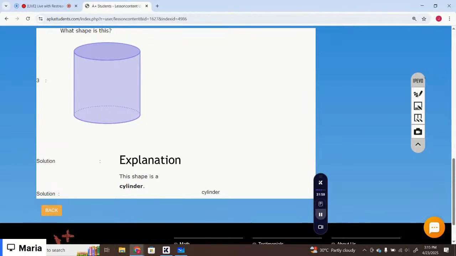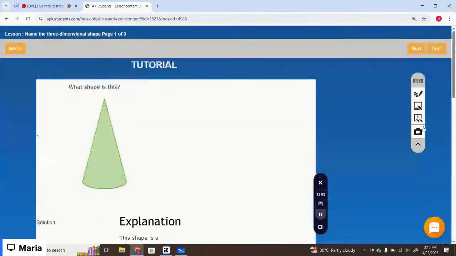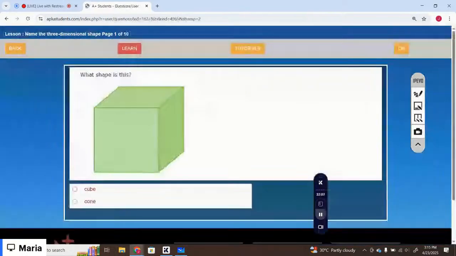Okay, let's start with the test questions. What shape is this?